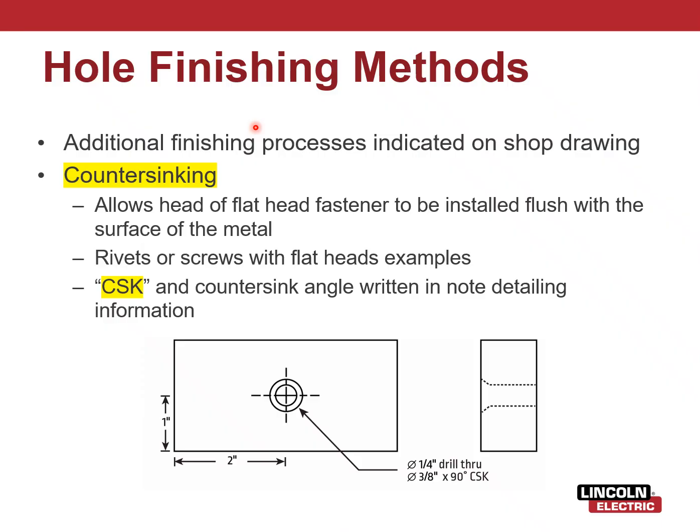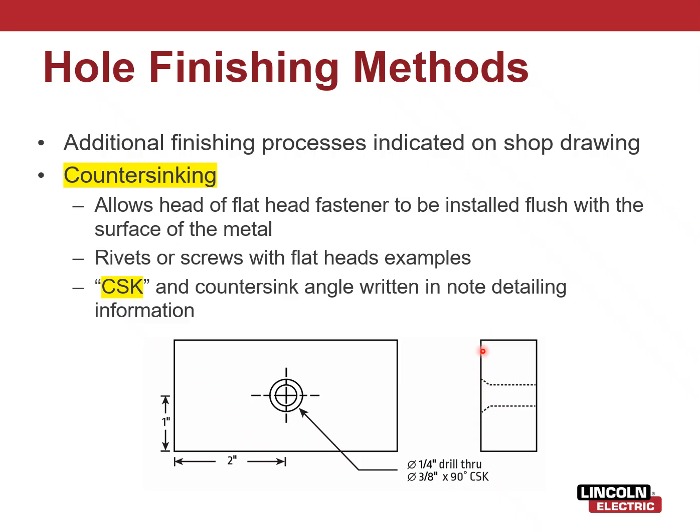Countersinking. Additional finishing processes include things like countersinking or counterboring. A countersink is a chamfer inside a hole so that the head of a flat bolt can sit flush with this edge.